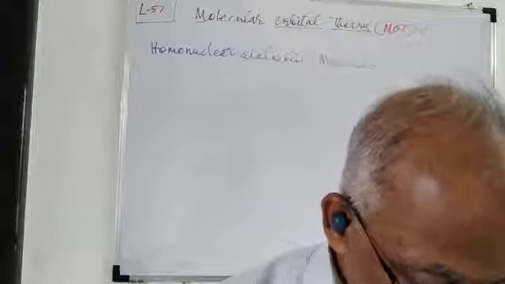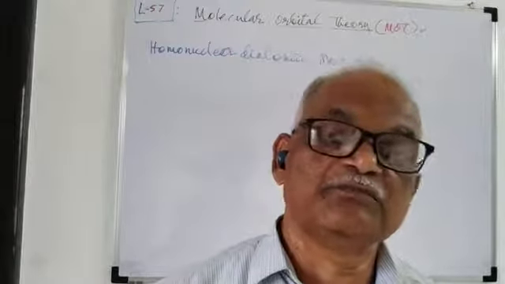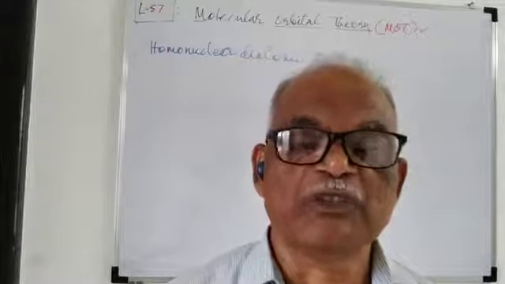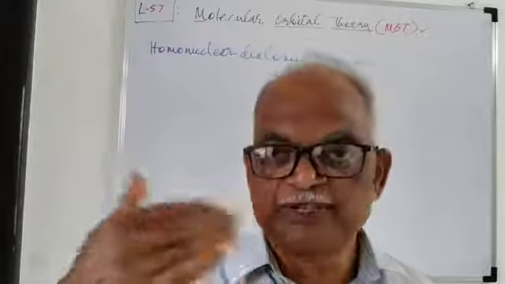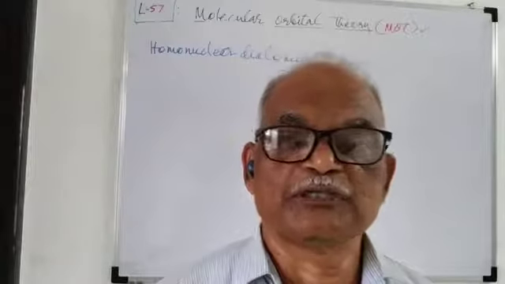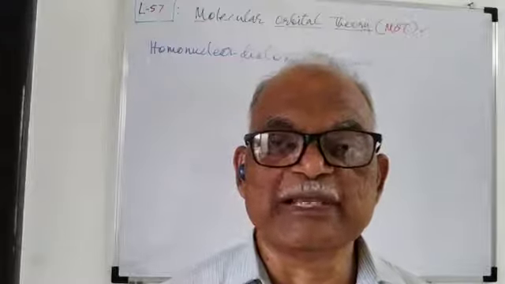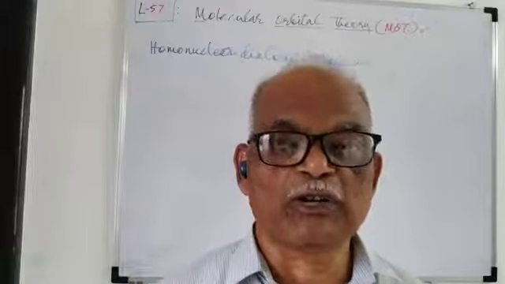Further, for the molecules which are formed as a result of linear combination of atomic orbitals, we have to follow the Aufbau principle, Pauli's exclusion principle, Hund's rule of maximum multiplicity, etc., in order to fill up the molecular orbitals.